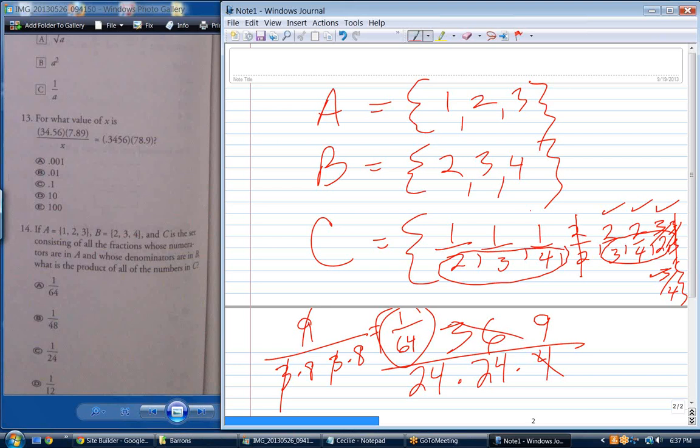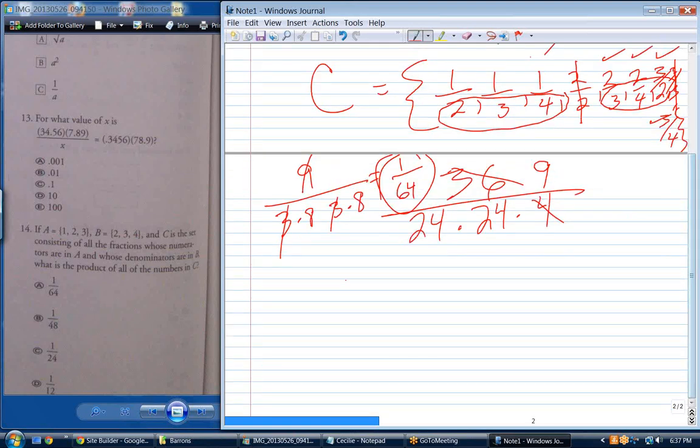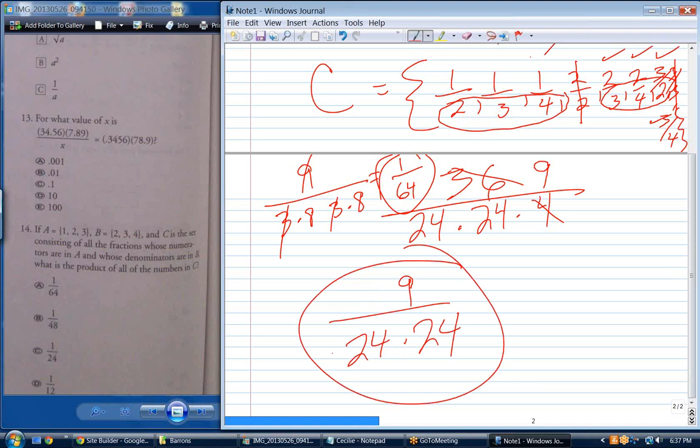Then you would have to know that's what you're supposed to do. Well, not really. I was just going to point out that that's kind of a nifty little trick, because 9 over 24 times 24, that's harder math to do. Oh, I'm sorry, it's not that hard to do.